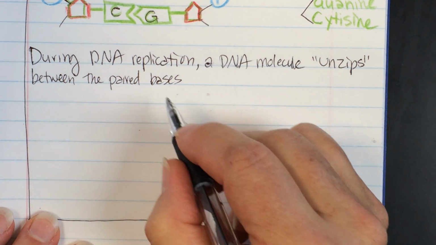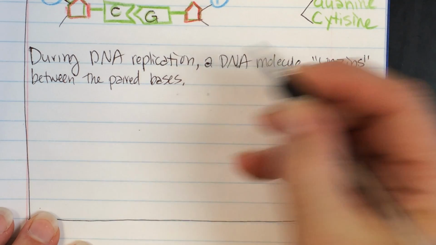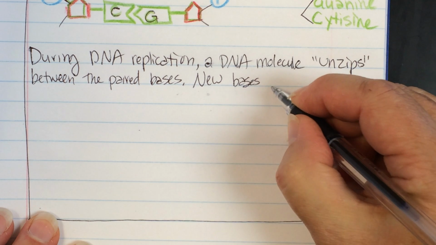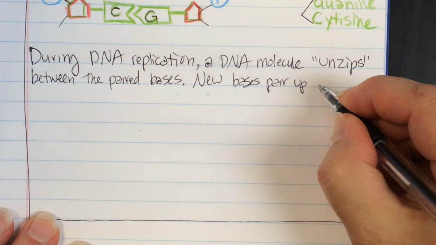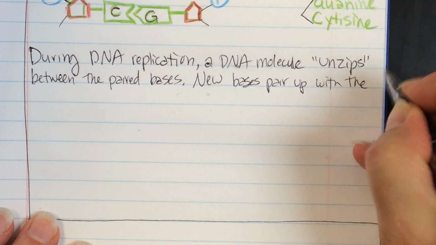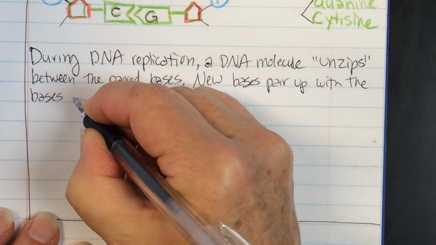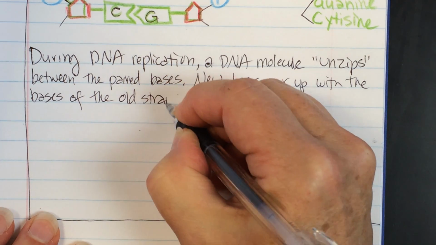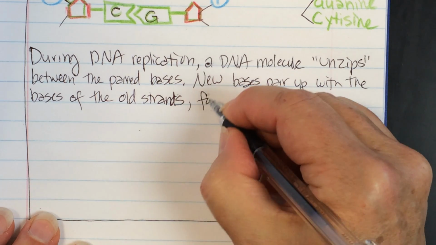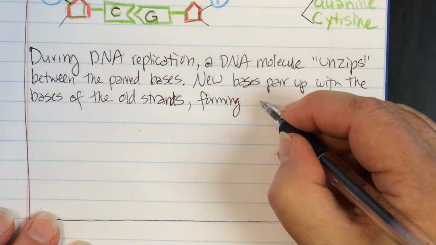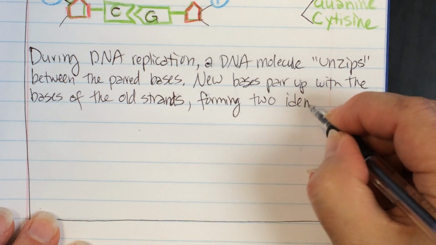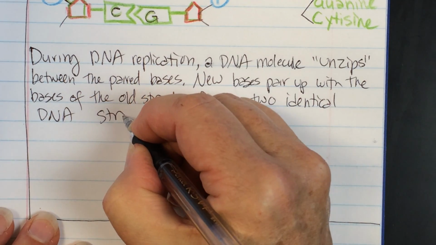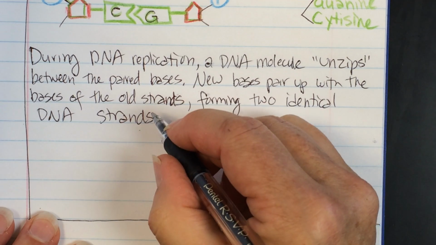Okay? So, between its paired bases, new bases pair up with the bases of the old strand, forming two identical DNA strands. So this is like a close-up of mitosis.